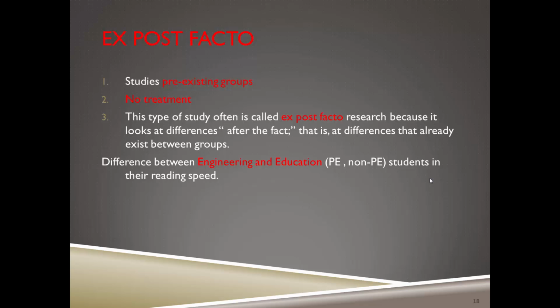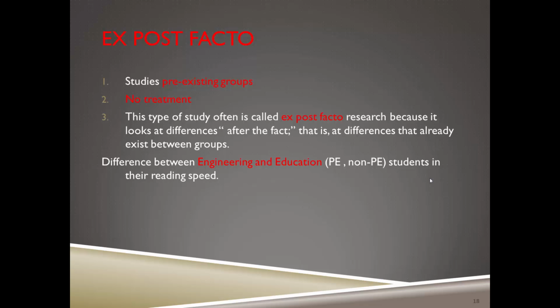Another kind of research that people do, and sometimes they claim that it's an experimental research, is called ex post facto research, which actually they compare pre-existing groups. So if you, for example, do a research, you compare boys and girls, that's not experimental research.